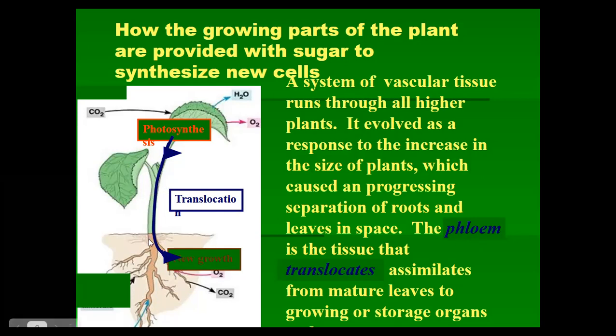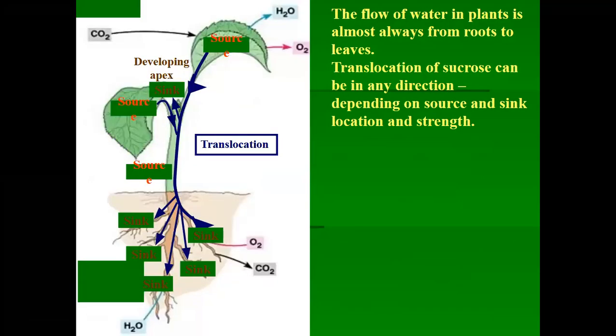Through the phloem tissue, it is distributed to young leaves, mature leaves, and all cells, including storage parts of the plant. So this mechanism is called translocation of organic solutes.